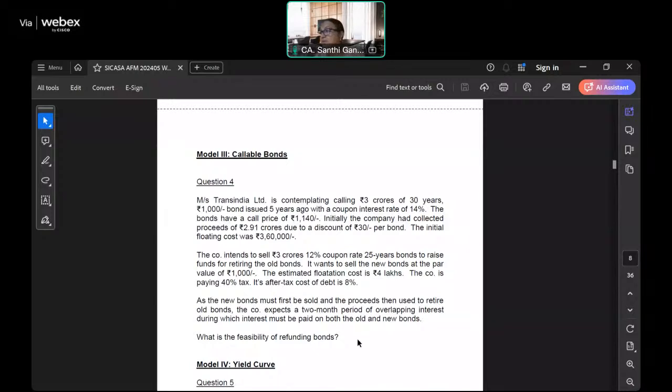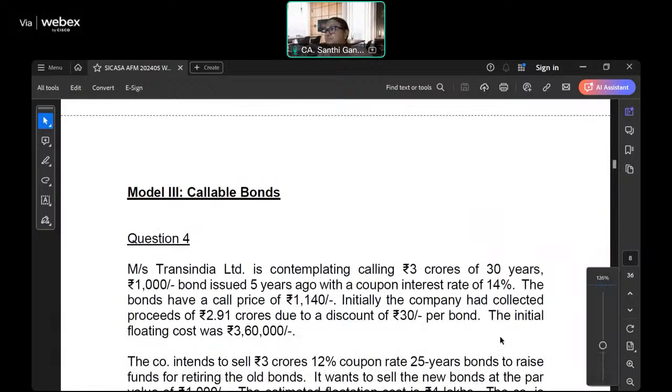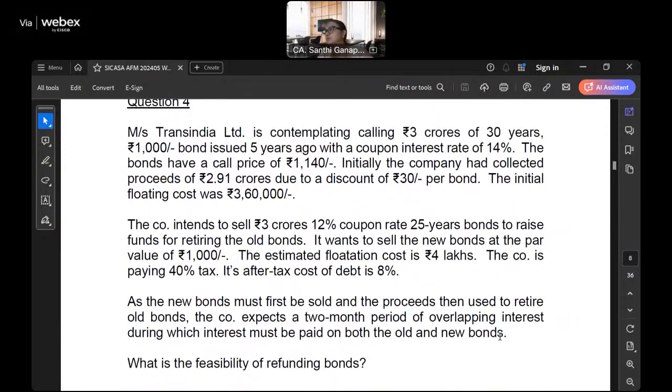Next, I told you we will be discussing call risk, and we will be doing a problem in callable bonds, which is what we are going to do next. Now, what is the feasibility of refunding bonds?